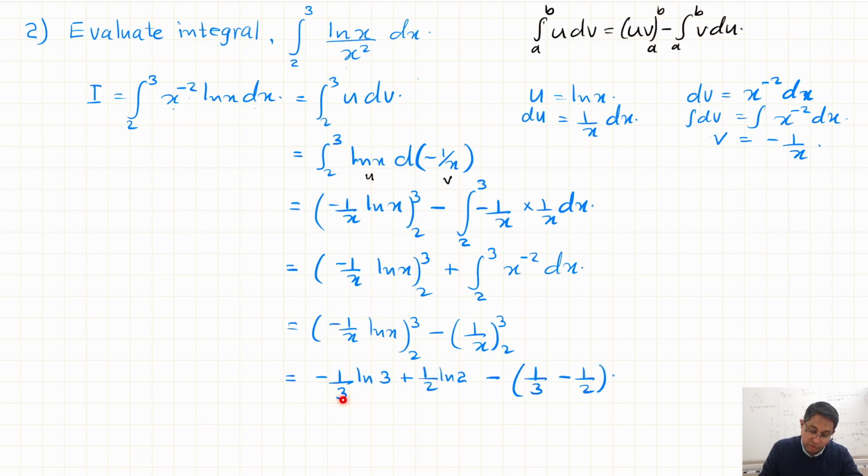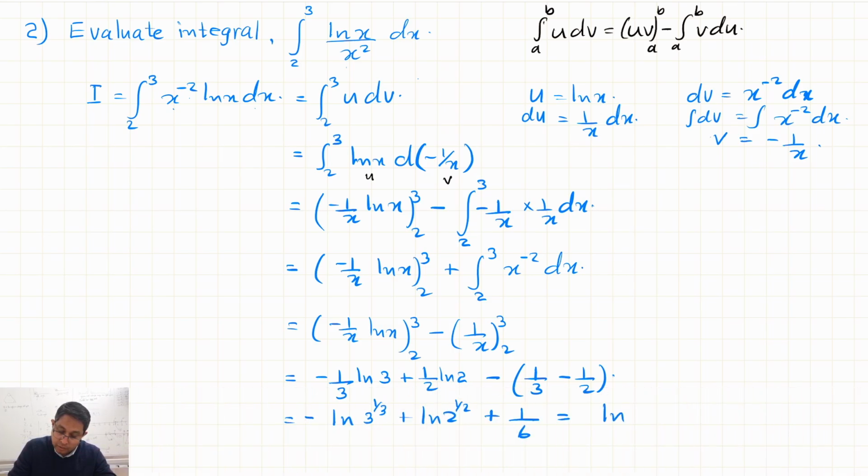You can bring this number as a power here and this number as a power here. When you simplify this, you would get 1/6. If you want, you can write this as a single logarithm: ln(2^(1/2)/3^(1/3)) plus 1/6.